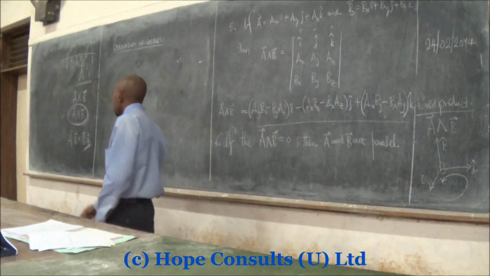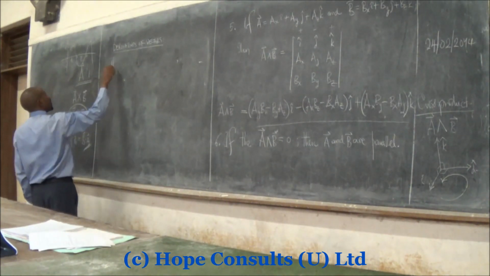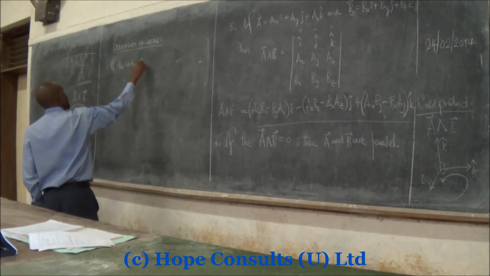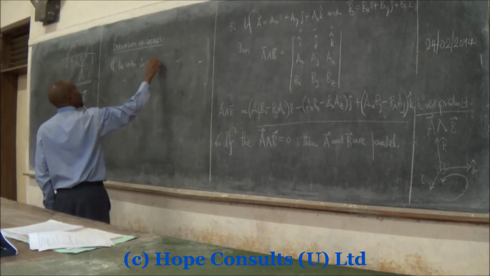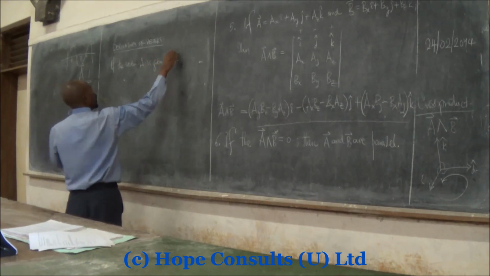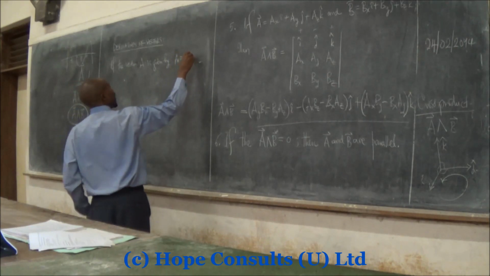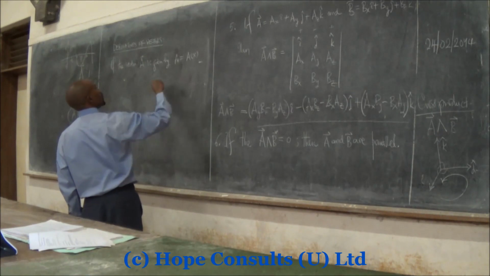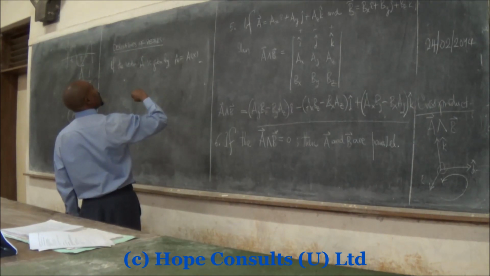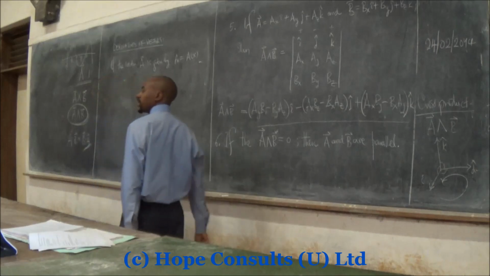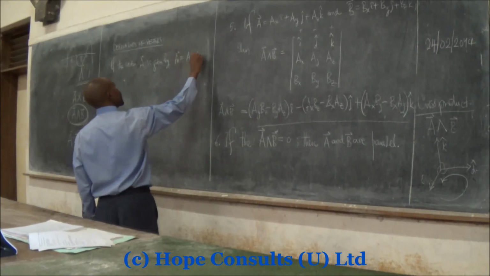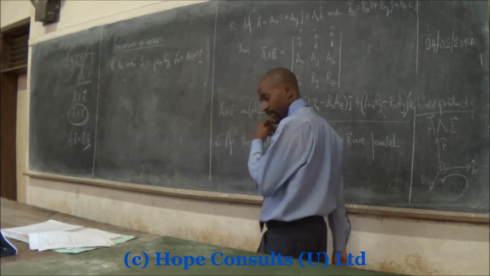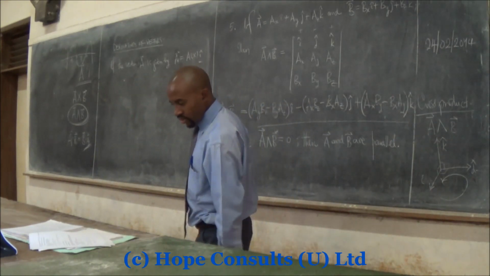So for example, if the vector A is given by A equals A_x, if it is along the X, that means I'll be having this equal to along the I. Is that okay with you? Does that make sense to you?